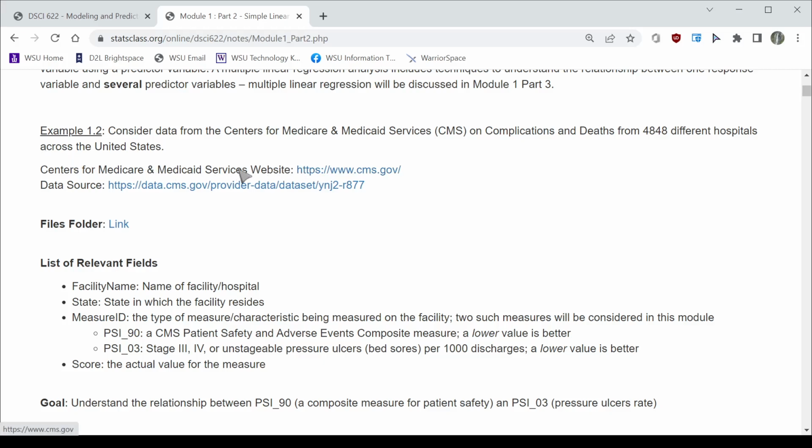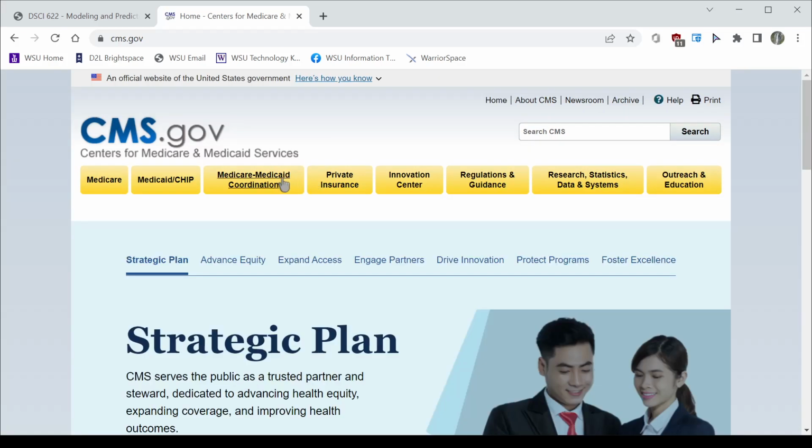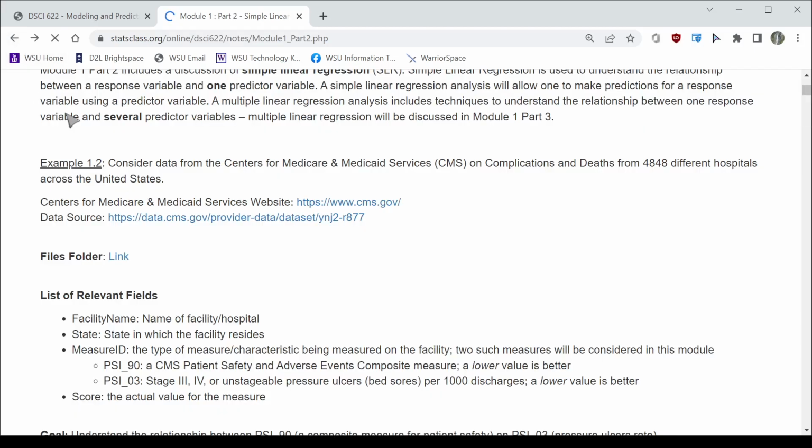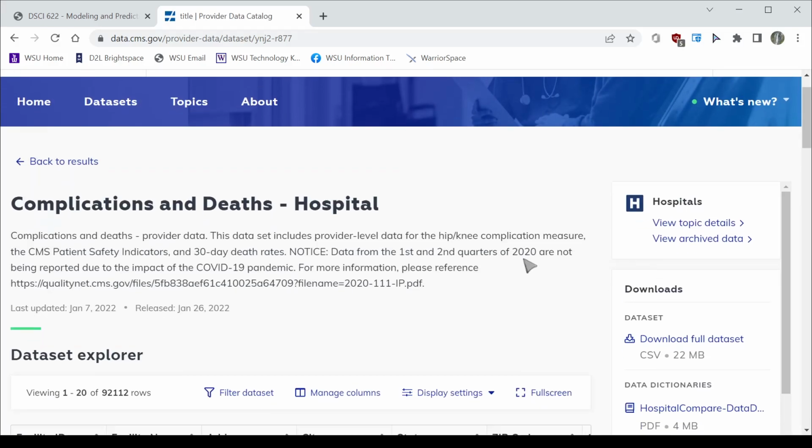This information comes from the Centers for Medicare and Medicaid Services website, which is here. And then I provided also a link directly to the data that I am using here for this module. And that is here.